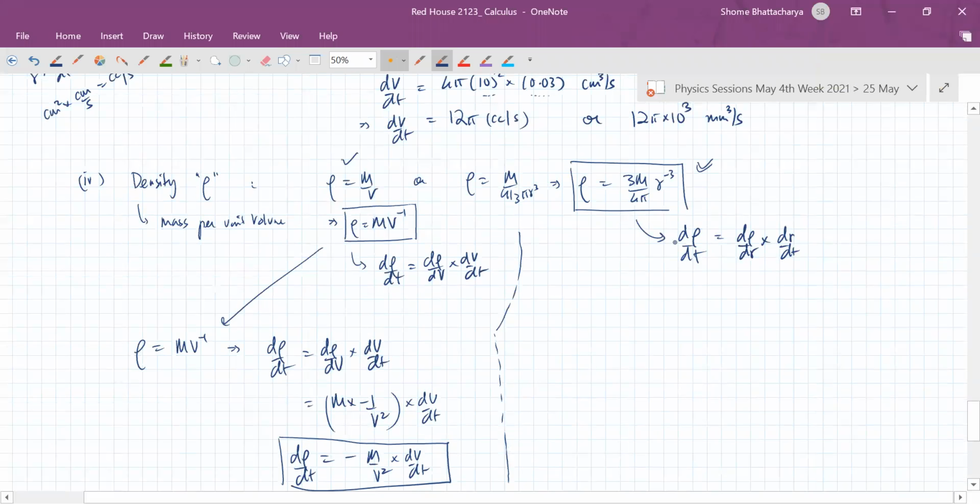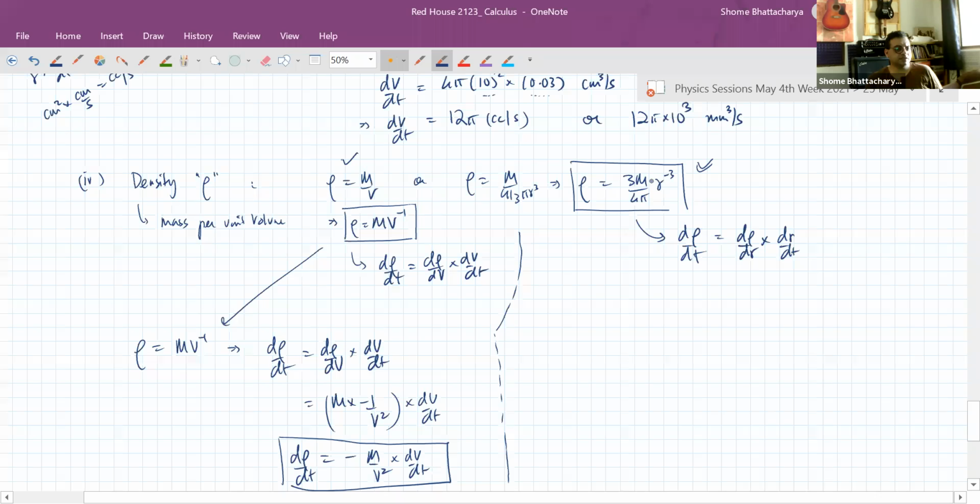Yes, sir. I express the density in terms of mass and radius, because volume itself is a function of radius, and then write it as the rate of change with respect to radius into dr by dt. So if we go, we should get the same answer if we use this.